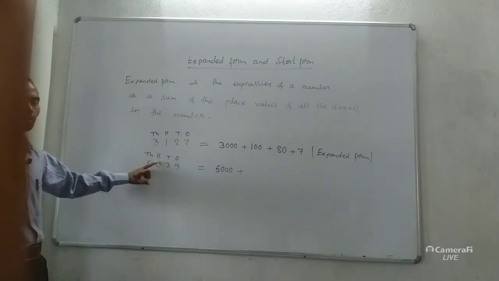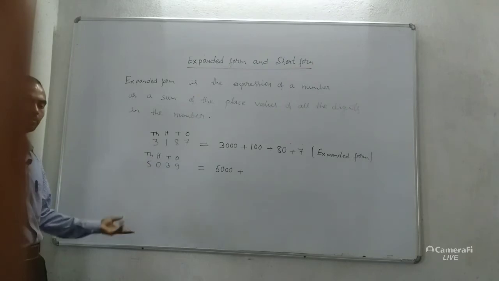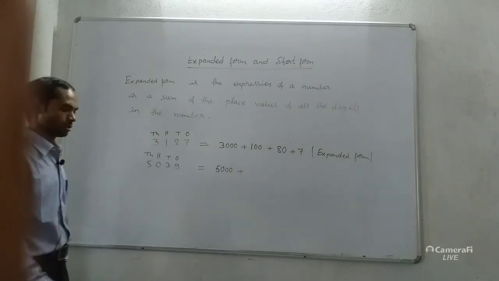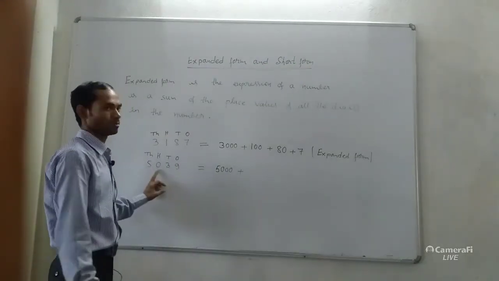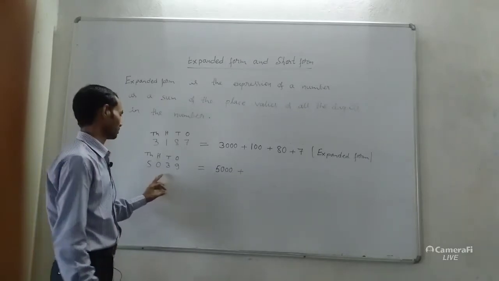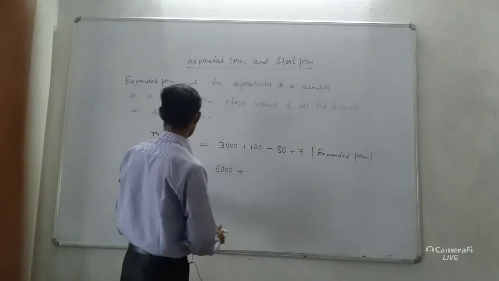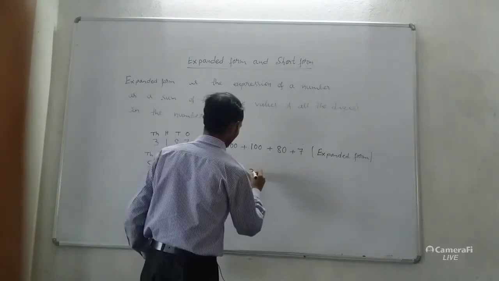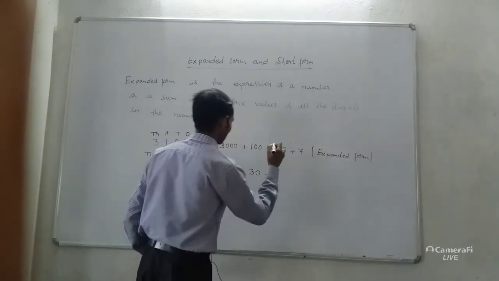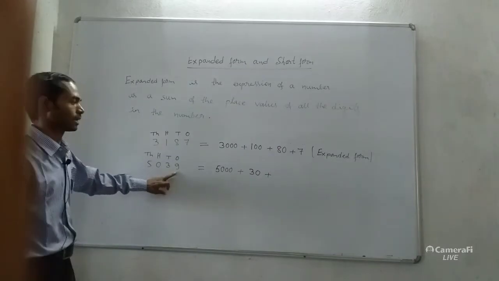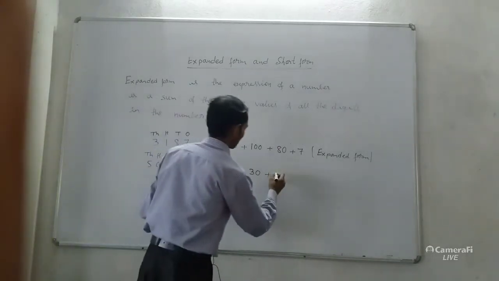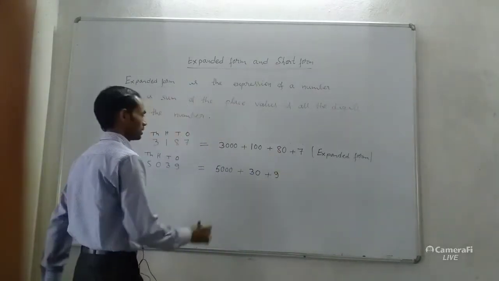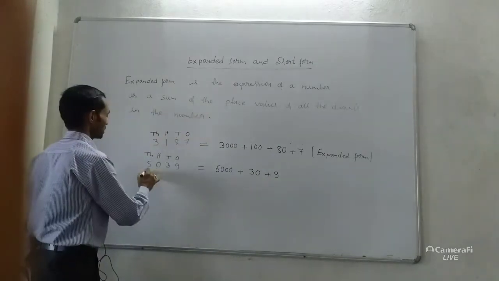So its place value is 0 into 100, but that means simply 0. So we will not write the place value of 0 because its value is 0. Now 3 at the 10 place. So its place value is 30 and the place value of 9 is 9. So this is the expanded form of this number.